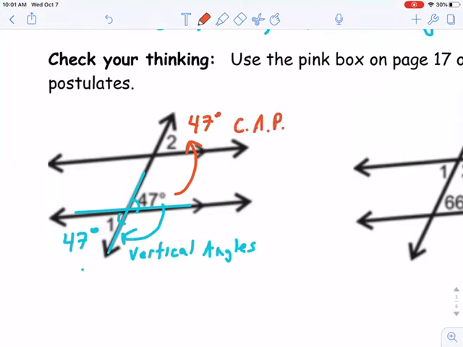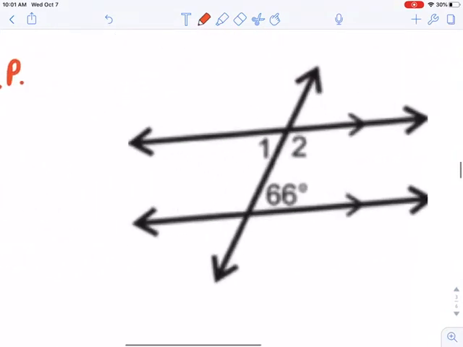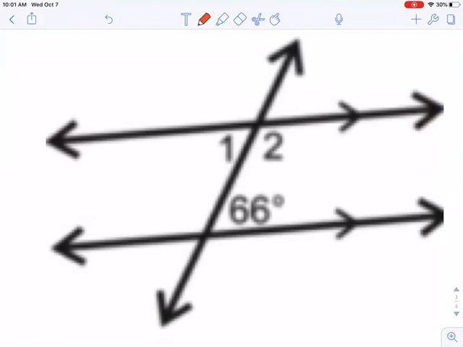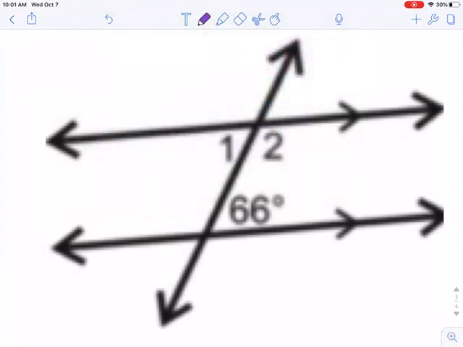Or I could have even got from 1 to 2 and said that, well, they're alternate exterior angles. So again, this is starting to become one giant puzzle, and this is what I really appreciate about geometry. It makes it fun, it makes it interesting, all that cool stuff. So again, right here, I can find angle 1 or angle 2 first. There's not a specific way I have to go.